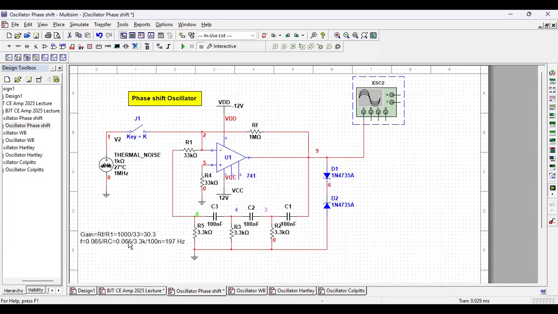That means 0.065 by R. Here, every R is 3.3 K, and every C is 100 nanofarad. If you calculate this, it is 197 hertz. So frequency should be 197 hertz. So this is a phase shift oscillator.